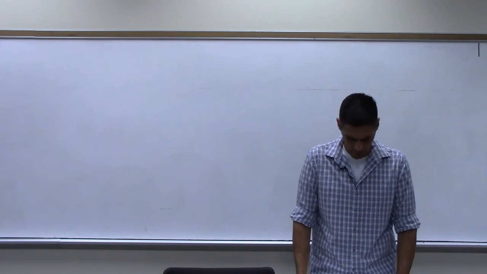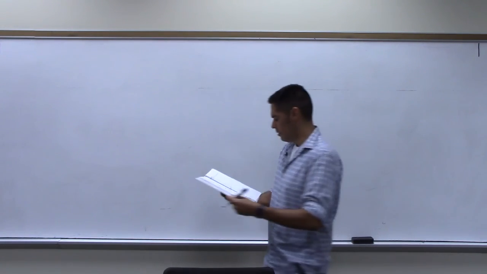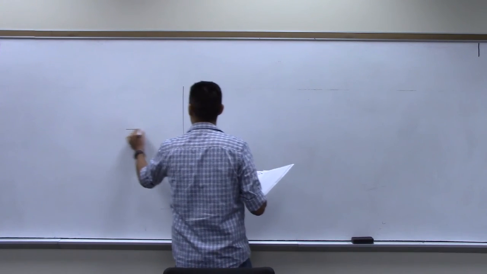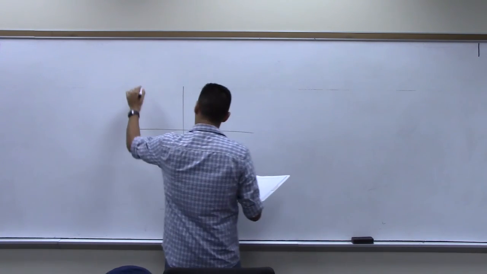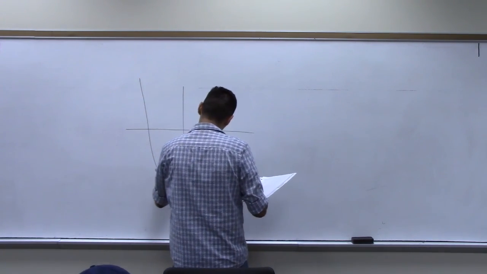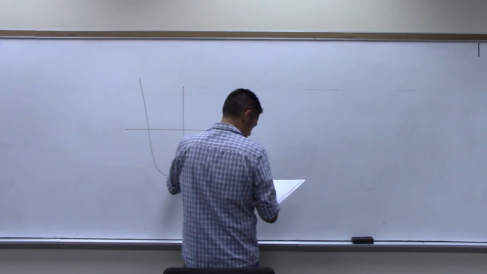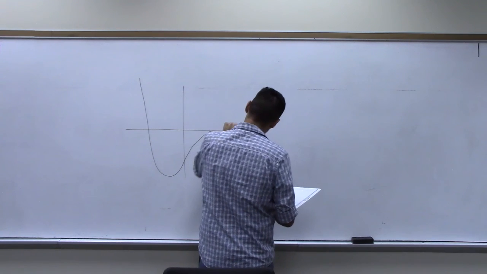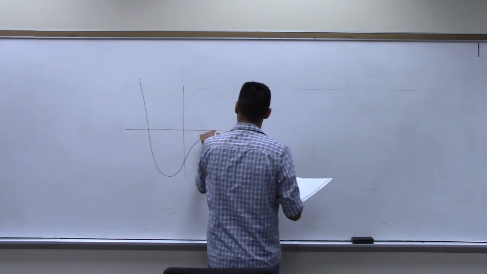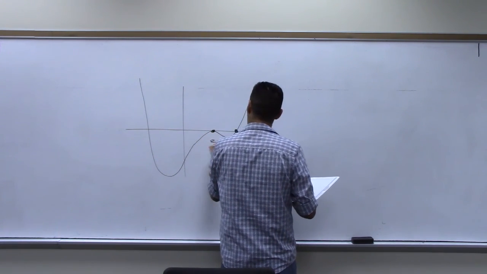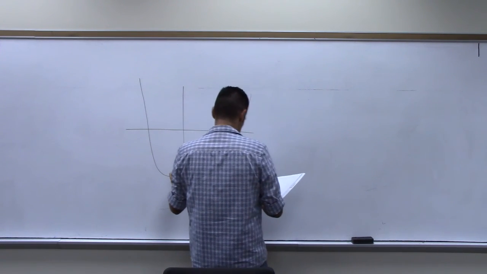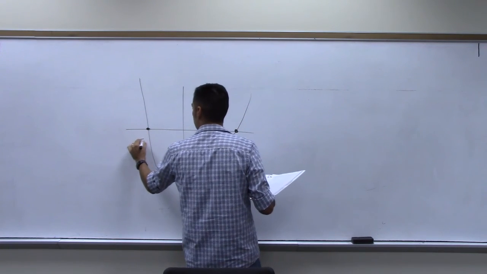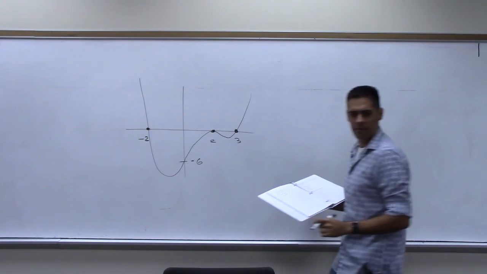Number 1? Okay, so it's going to be tough for me to draw this. I'll do my best. Comes down, comes back up, comes up, touches here, comes back down, back up like that. This is at 2, this is at 3, this is at -6, this is at -2. Is that good enough to go off of?